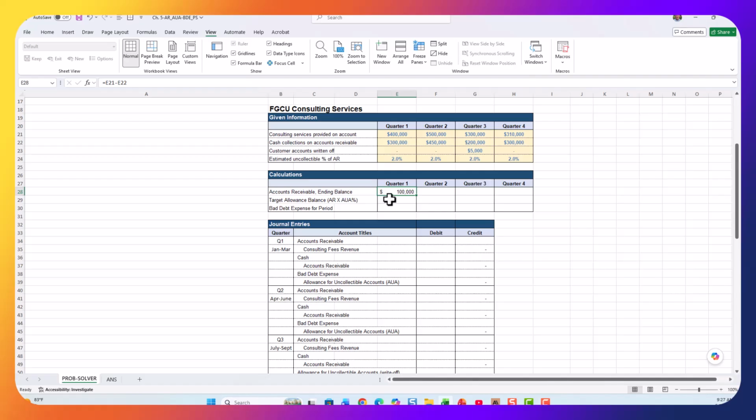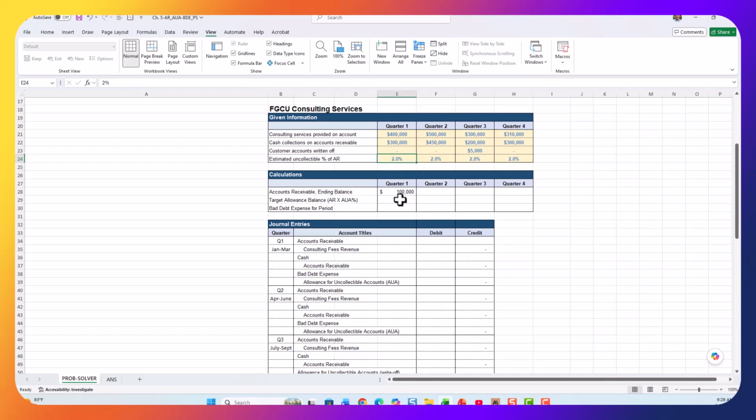$100,000. Now, GAAP requires that we estimate our uncollectible amounts each reporting period. That estimate is referred to as our target balance for allowance for uncollectible accounts. Because we're using the percentage of accounts receivable method, to get that target balance, we'll take the ending balance of accounts receivable and multiply it by our AUA percentage. The estimated uncollectible percentage for this company is 2%.